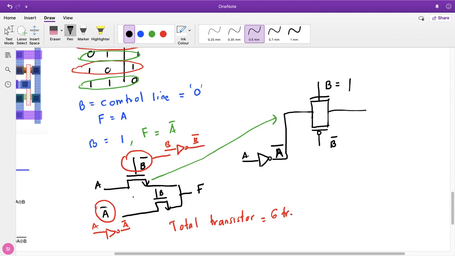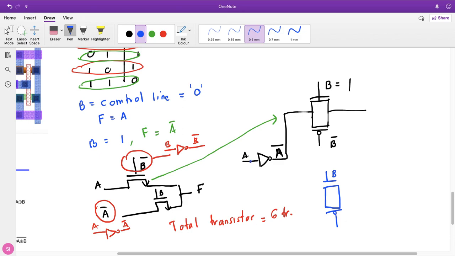And we want to solve this part by adding another transistor of similar structure, a transmission gate.